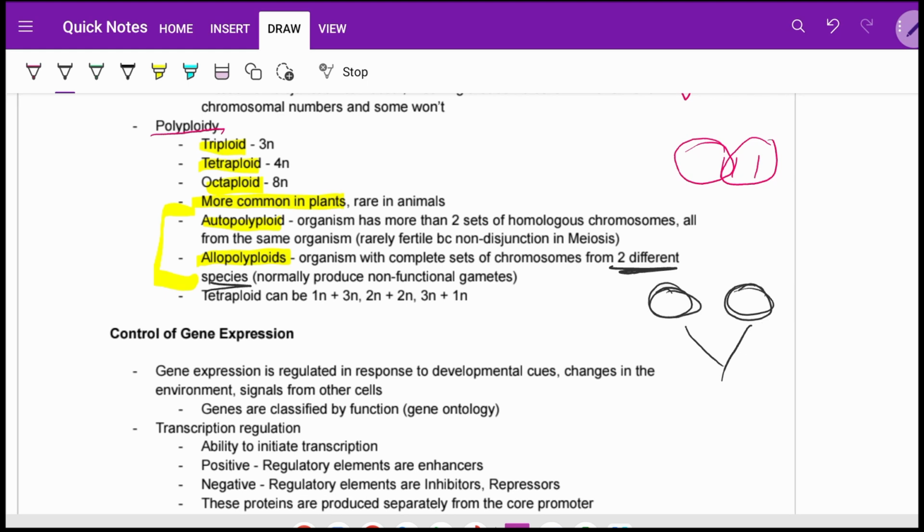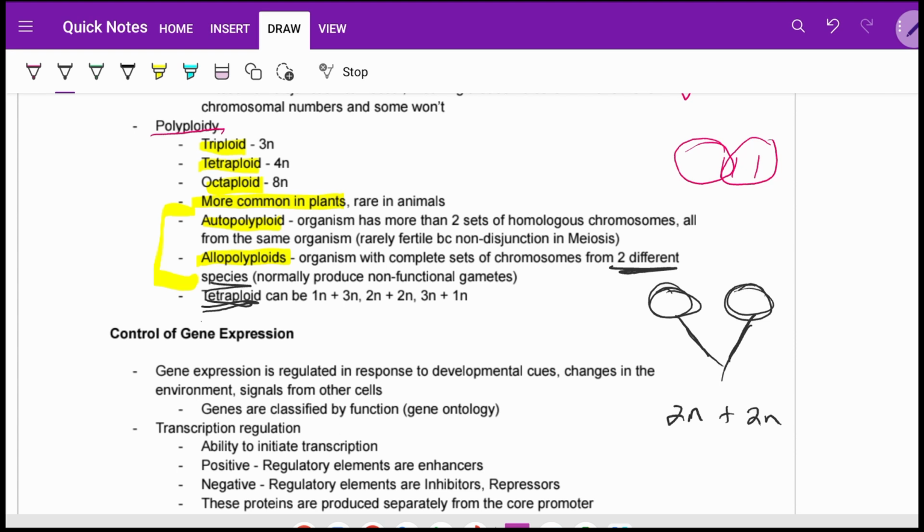In allopolyploids, they have more than just one copy from each. Maybe they would have two copies from the tiger and two copies from the lion, which would make them an allopolyploid. And so this would result in a tetraploid, assuming they had 2n and 2n.